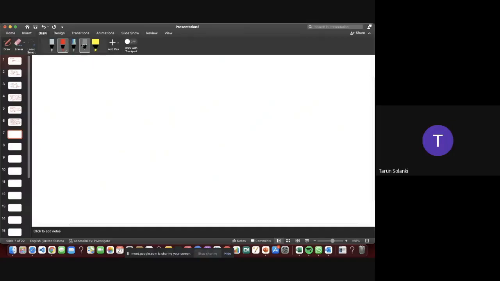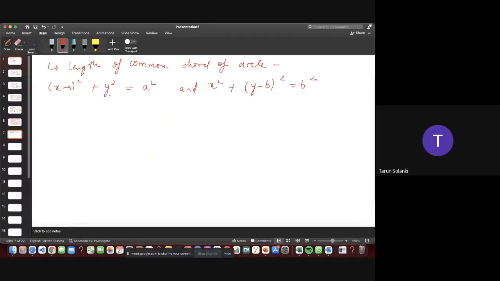Next is the length of the common chord of circles. That means x minus a whole square plus y square is equal to a square, and x square plus y minus b whole square is equal to b square.